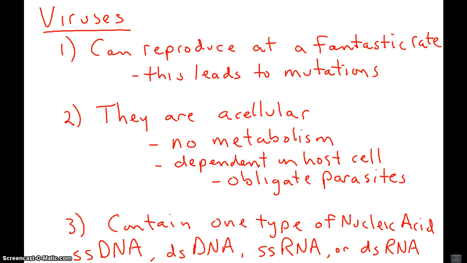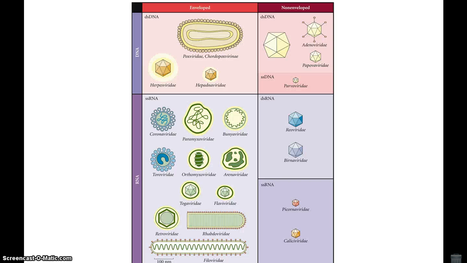And finally, one thing they have in common is they all contain some type of nucleic acid, and that can be single-stranded DNA, double-stranded DNA, single-stranded RNA, or double-stranded RNA. And if you look at this diagram here, this will give you some examples. The top row here, here's the ones for double-stranded DNA.